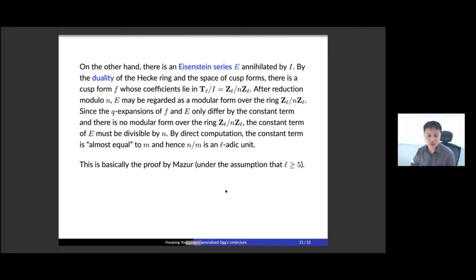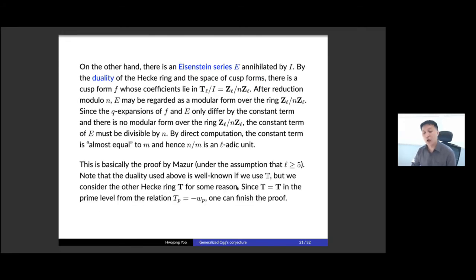In this case, this does not make any difference because these two rings are equal. And in this prime level case, this is actually the full endomorphism ring, because we have this relation.